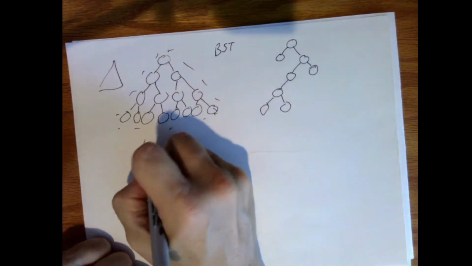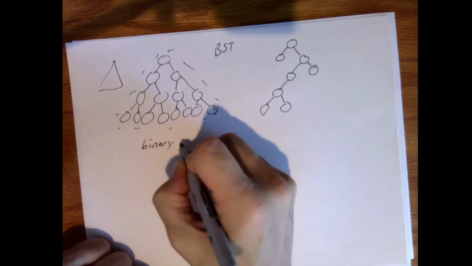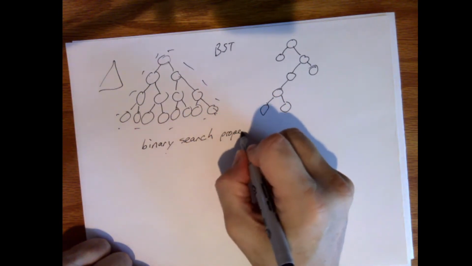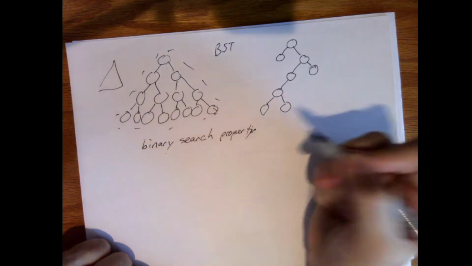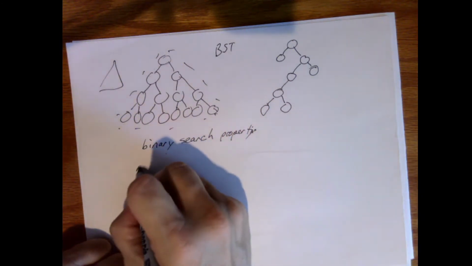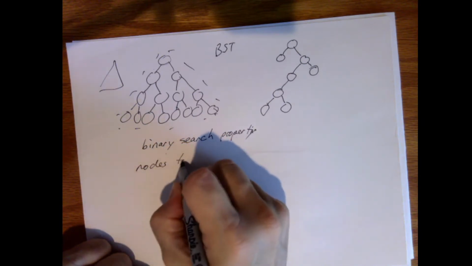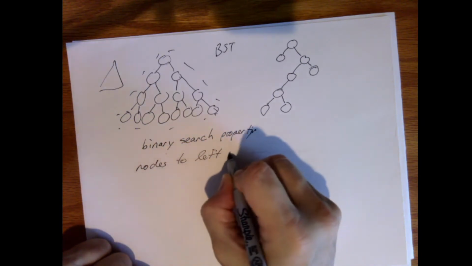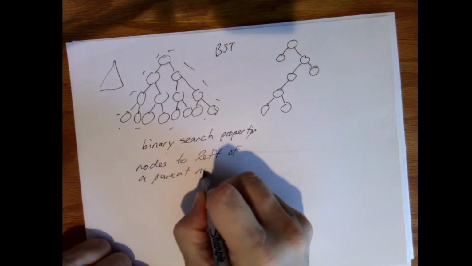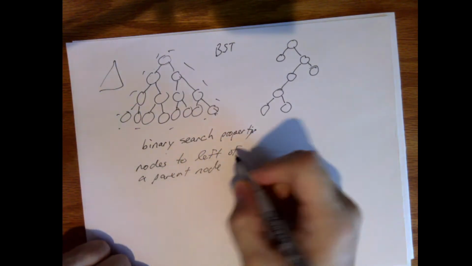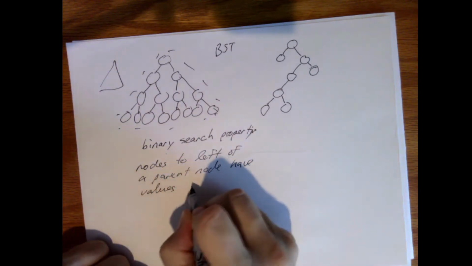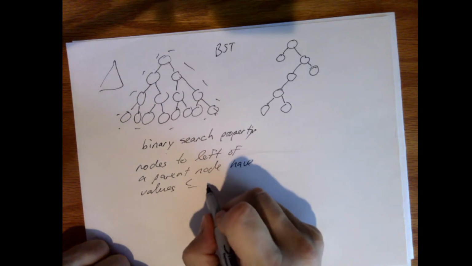So the binary search property says that the nodes to the left of a parent node have values less than or equal to the parent node.